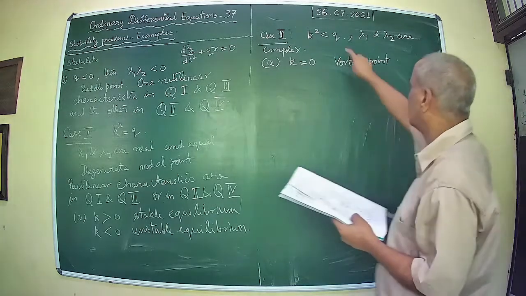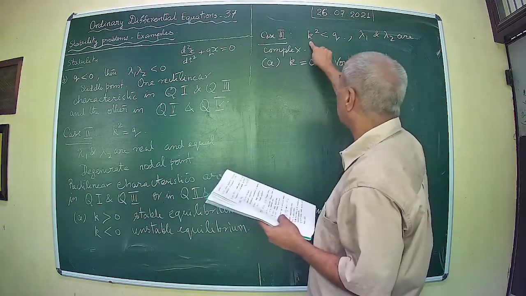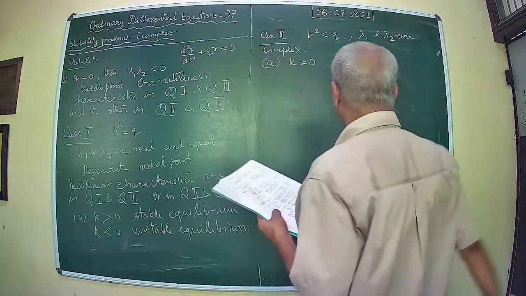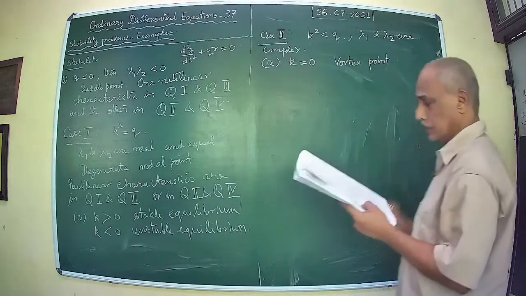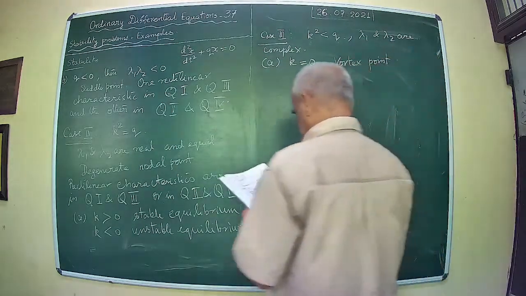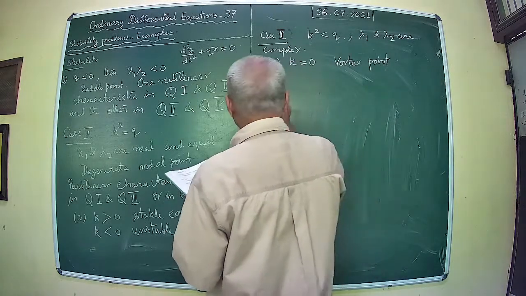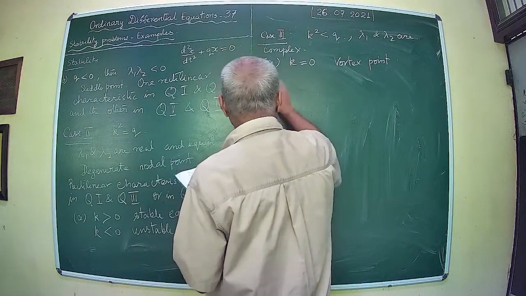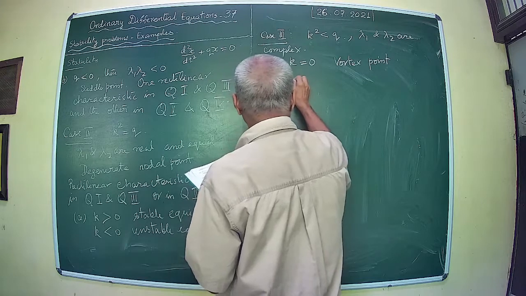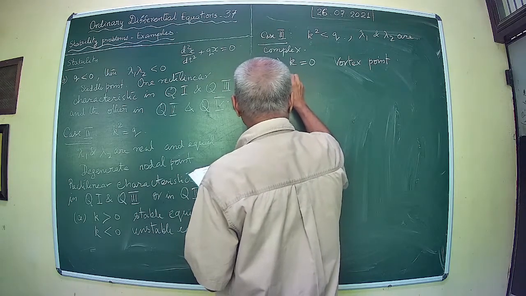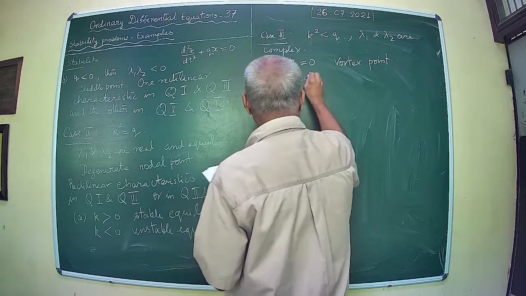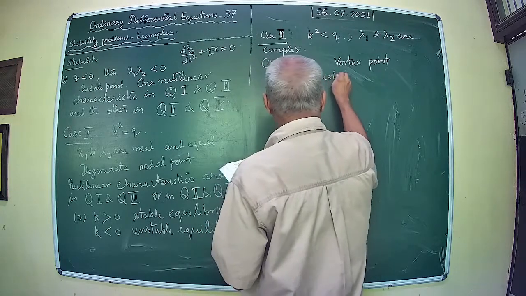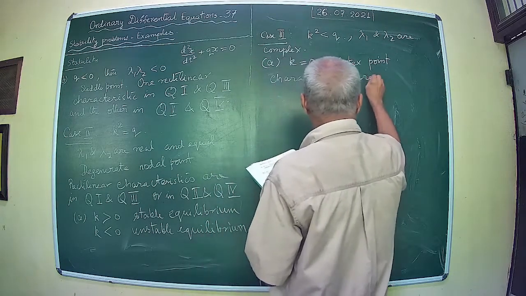For Q greater than K square, so Q is positive, so you get simple harmonic motion, you get a vortex point. Paths are characteristic ellipses.